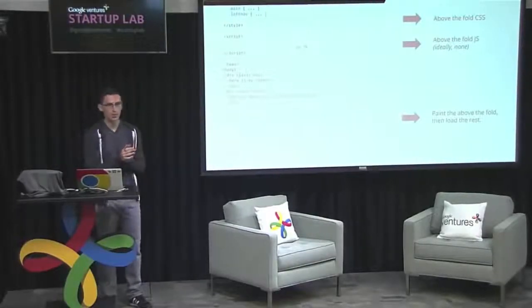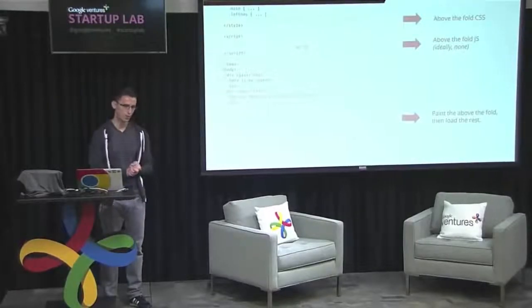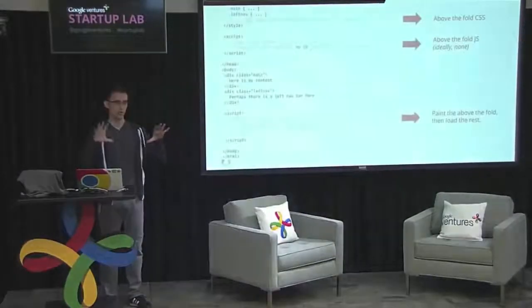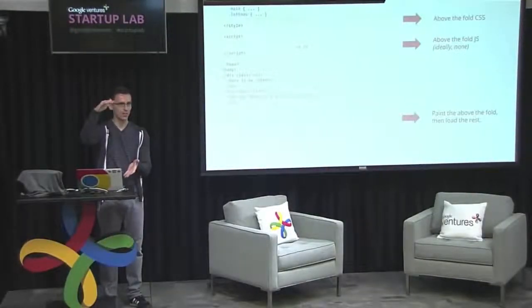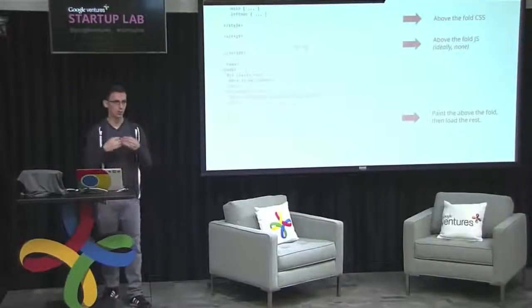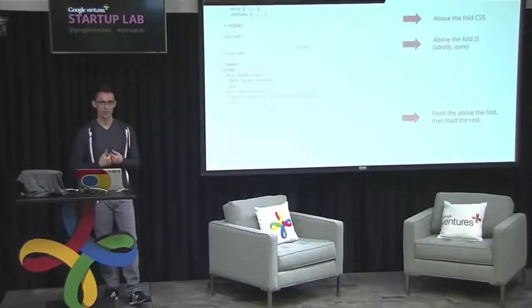Some of the tricks being used today: let's look at Twitter and Google+. Twitter, if you recall, for a while had the experience where you load the page, you have the header, and it's just blank for like 3 seconds, and then it pops in. The reason was that they would render everything in JavaScript.